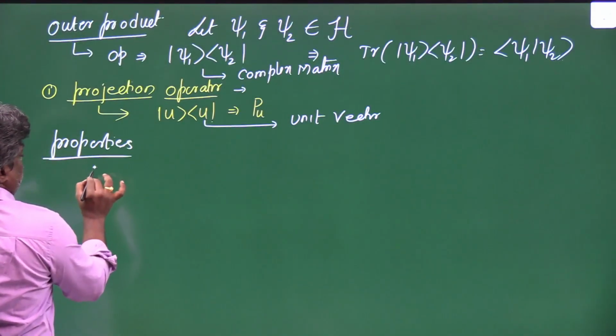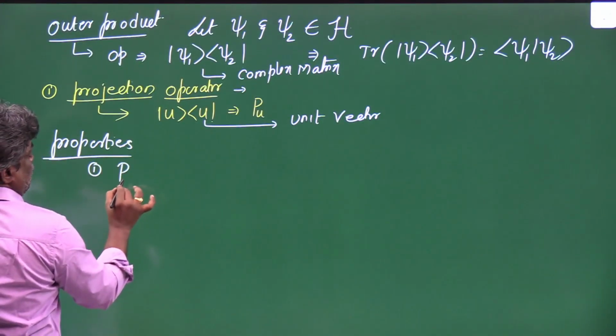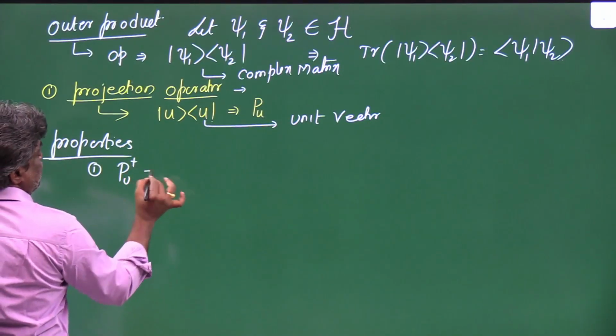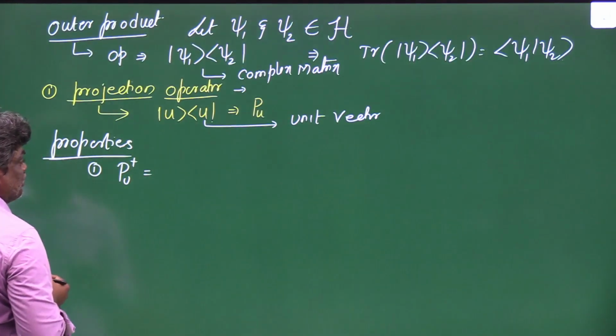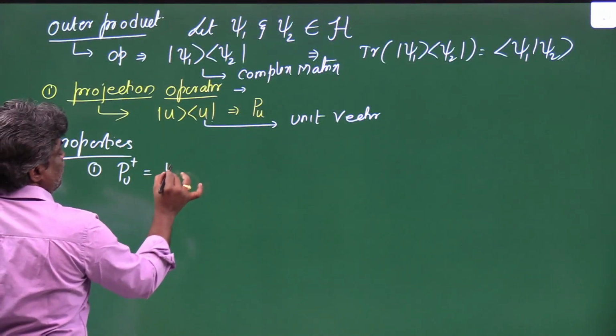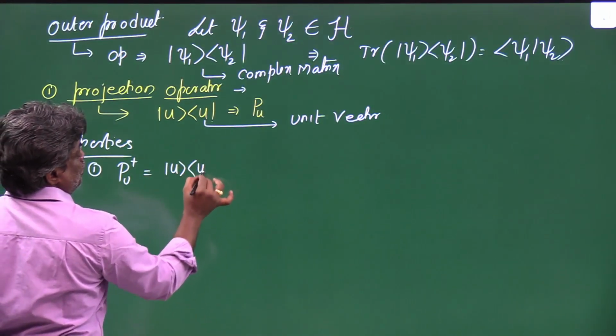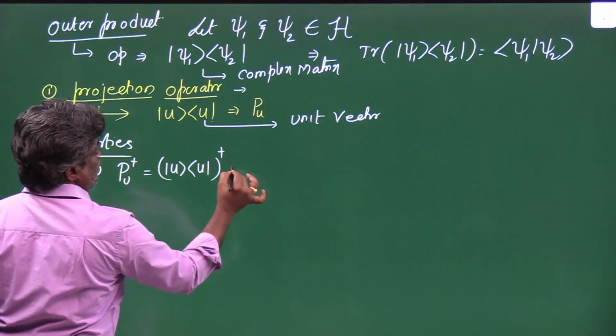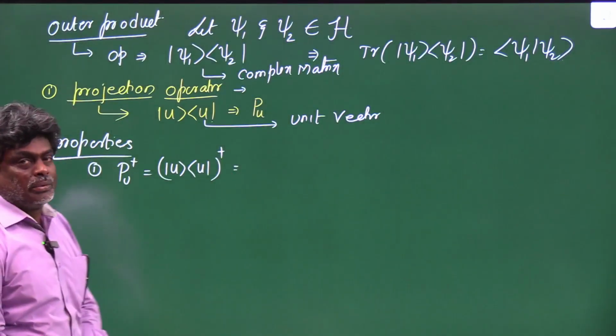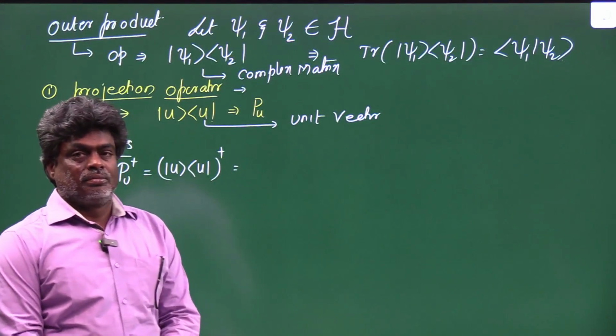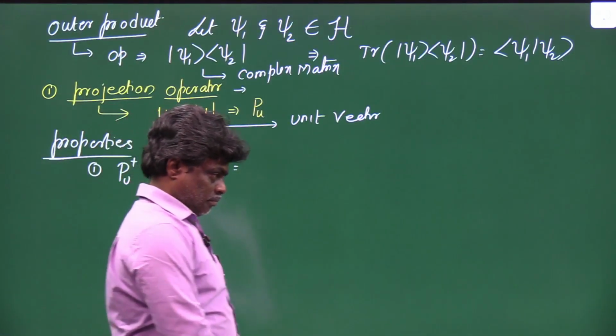First, what is the dagger of the projection operator? Projection operator Pu dagger. The dagger does a conjugate transpose.